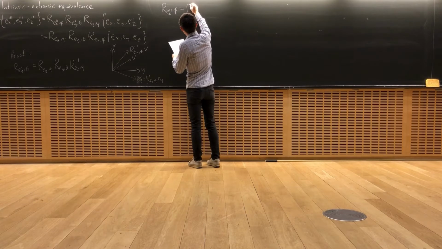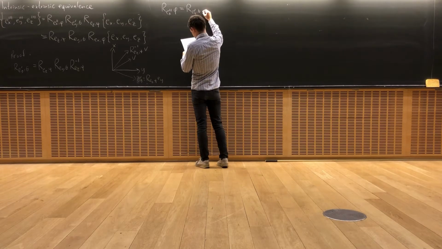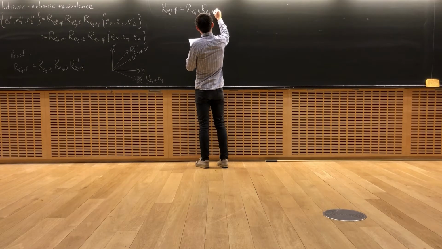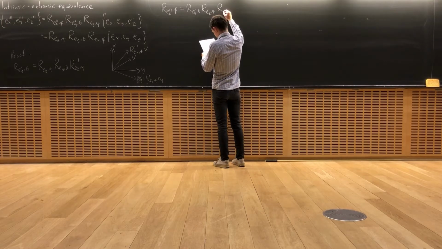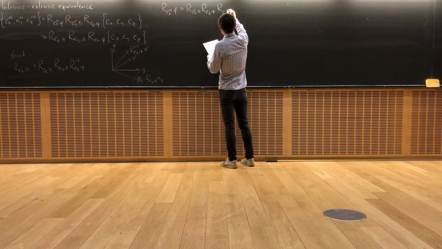So meaning that I write the y rotation first, then the z rotation, then I get the x rotation around its original x-axis.